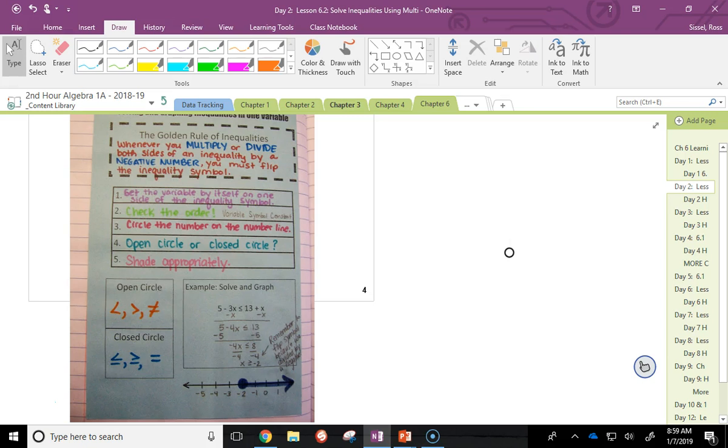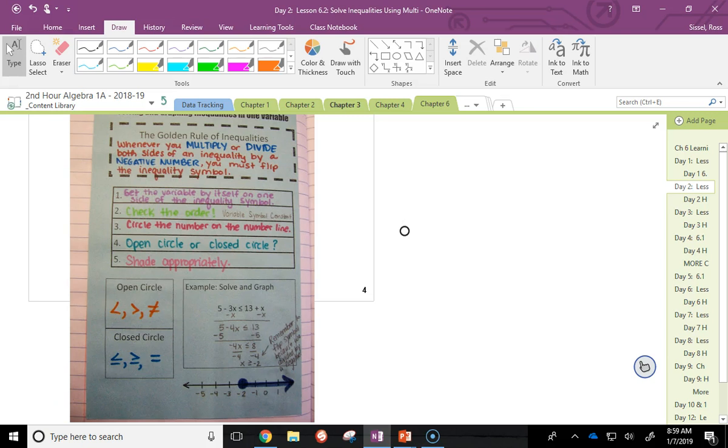But the golden rule of inequalities. Whenever you multiply or divide both sides of an inequality by a negative number, you must flip the inequality symbol. So, number one, get the variable by itself on one side of the inequality symbol. Check the order. Circle the number on the number line. Should it be an open circle or closed circle?